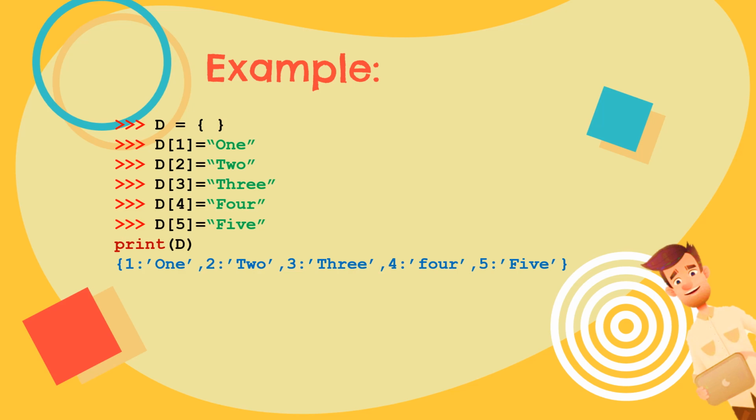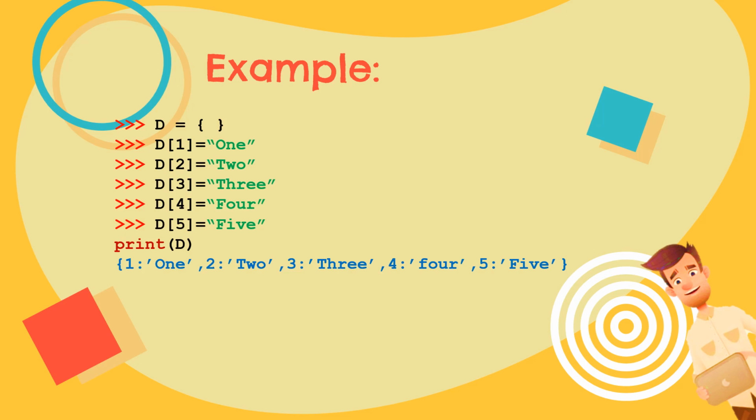Then you can create an empty dictionary. You can use the dict function to create an empty dictionary, or a sequence of values can be converted into a dictionary. For that, use the dict function. Then in this last method, first create an empty dictionary using curly braces, then each key and value pair can be created like this.